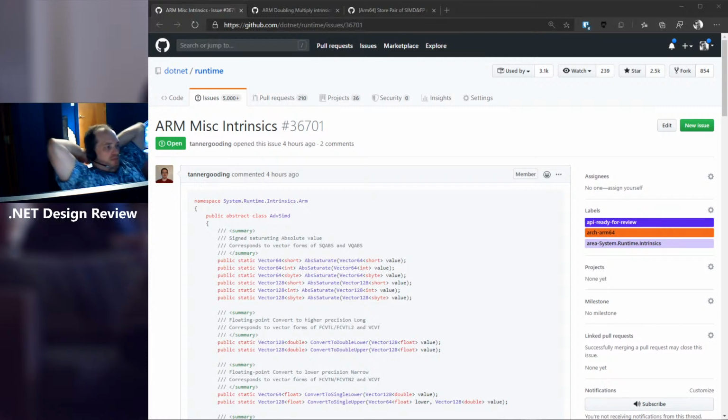I've heard several times that we try to be very explicit about allowing people to express exactly what they want rather than hoping that the optimizer does it for them. Right. Does that fit with that logic in the case of get lower?